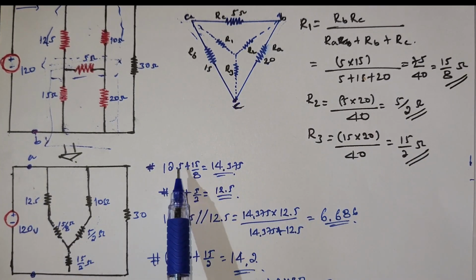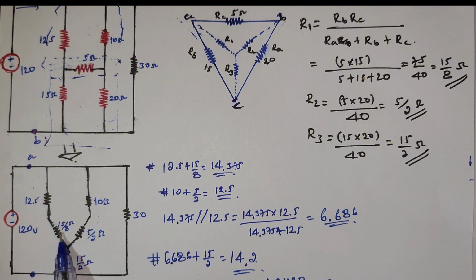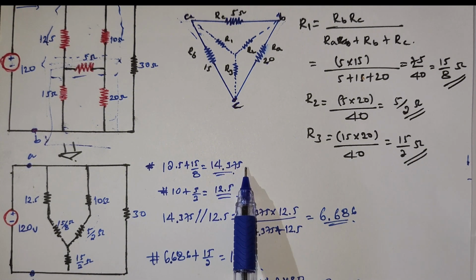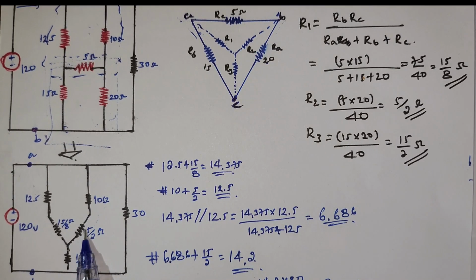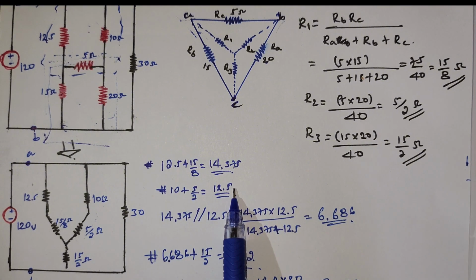These two are in series, so we simply add them, which is 14.375. Also these two are in series. The result will be 10 plus 5 over 2, which adds up to 12.5.